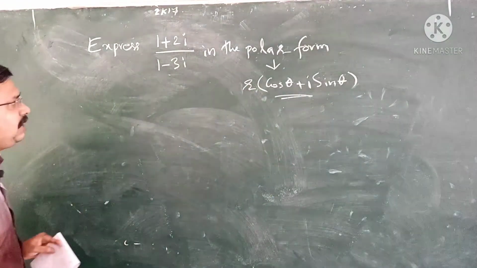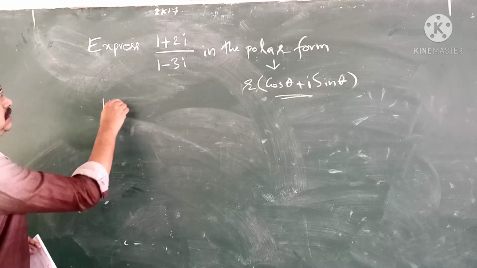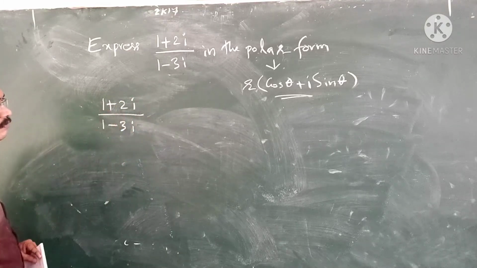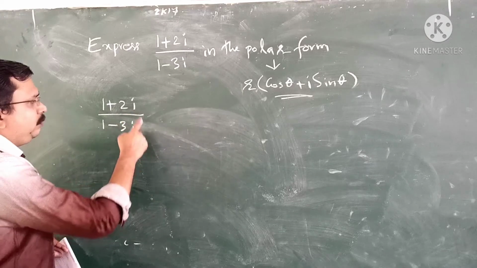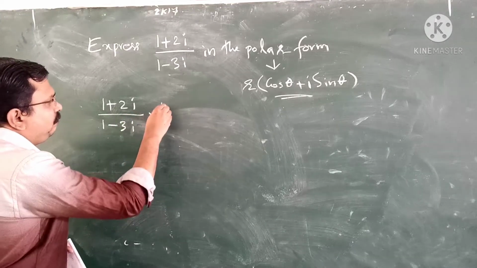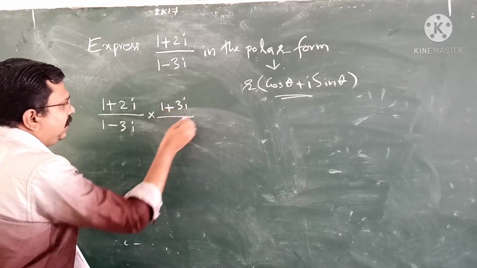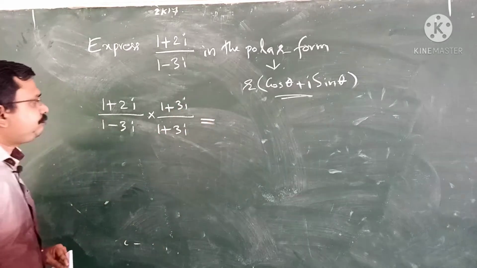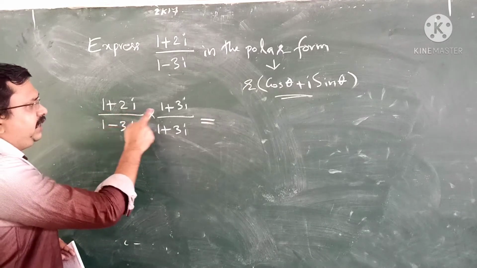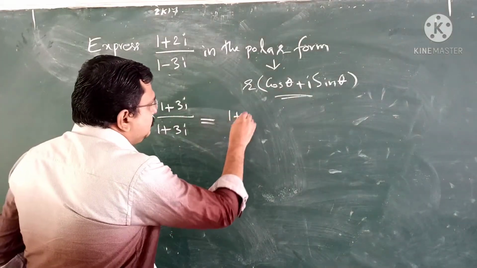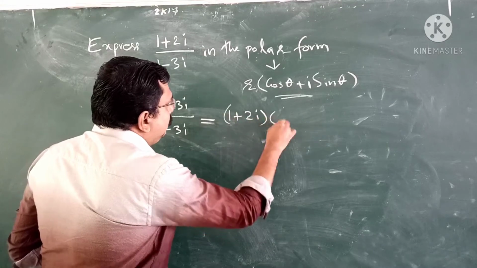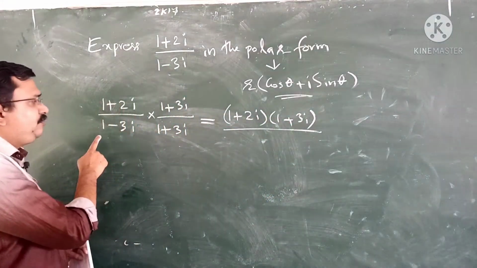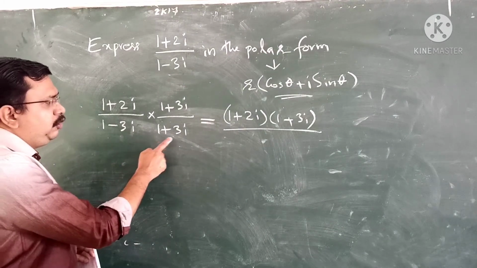Okay. First, our question is (1 + 2i) divided by (1 − 3i). We multiply the numerator and denominator by (1 + 3i) divided by (1 + 3i), which is equal to (1 + 2i)(1 + 3i) divided by, this is of the form (a − b)(a + b), which is a² − b².